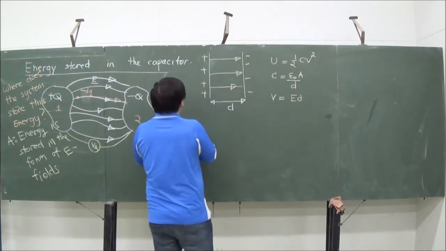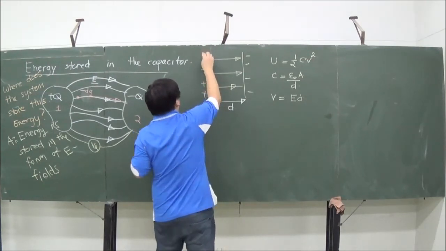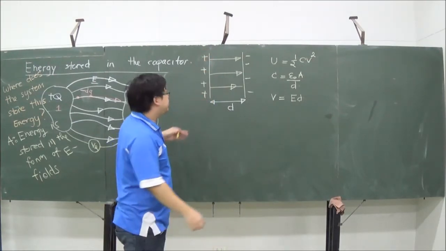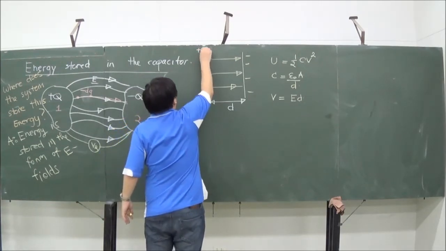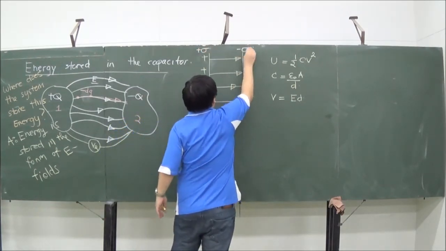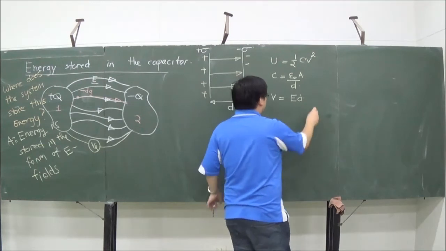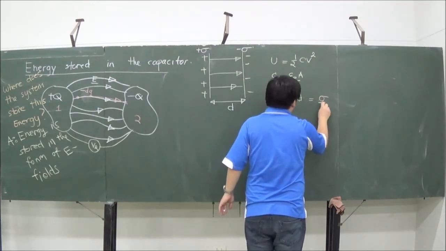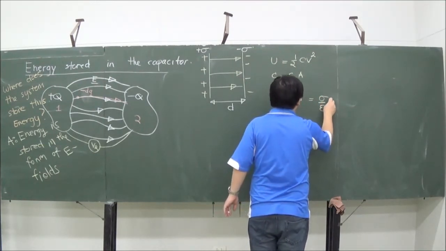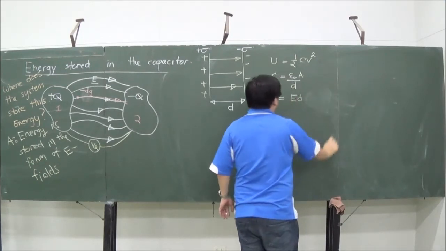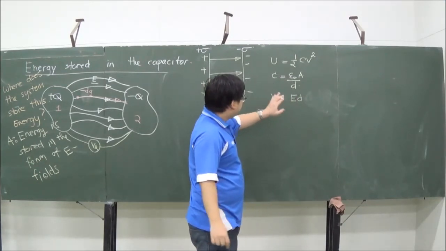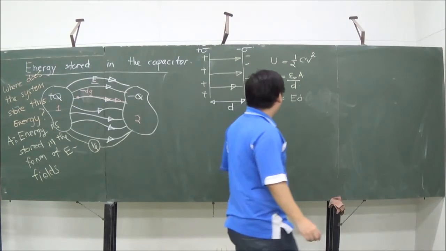E, if you know how much charge you can store in this capacitor, so we know the surface charge density sigma, so we know that E is sigma over epsilon naught times D. But just leave it the way it is.